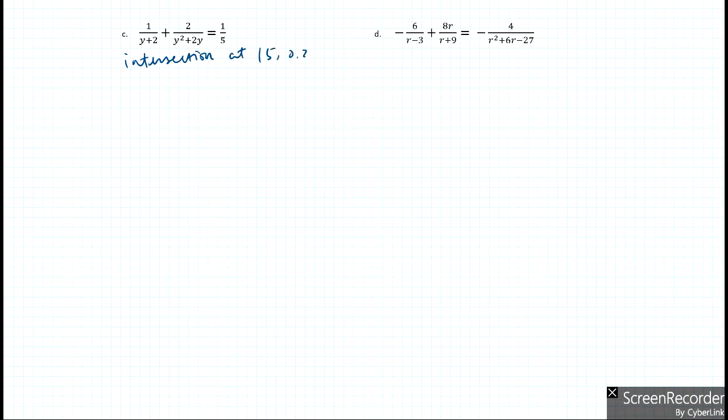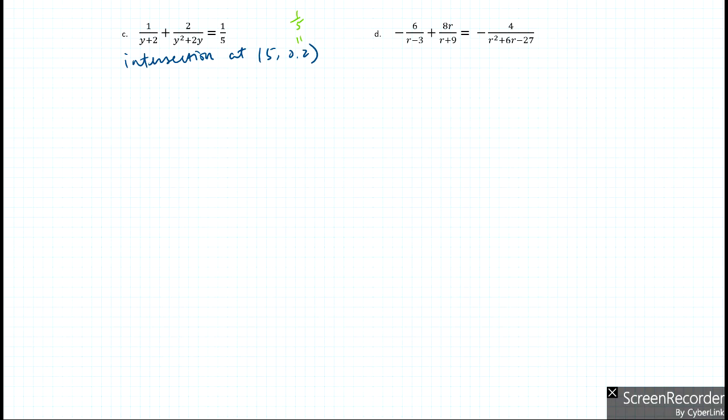And therefore, we would have the solution being x equals 5. And you can see why the y-coordinate is equal to 0.2, because 0.2 is equal to 1/5. This is really the same as 1/5. And we should expect when we plug the x value in, we would get the same y value.